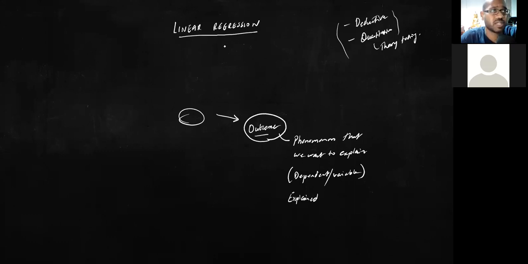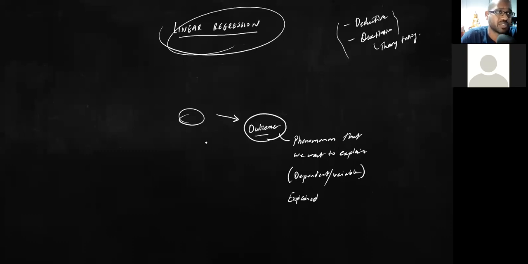This is where, when it comes to analysis, linear regression comes in handy, very useful, because it allows us to test a whole theory. You're doing research, you come up with a certain theoretical framework, you propose a theoretical framework.